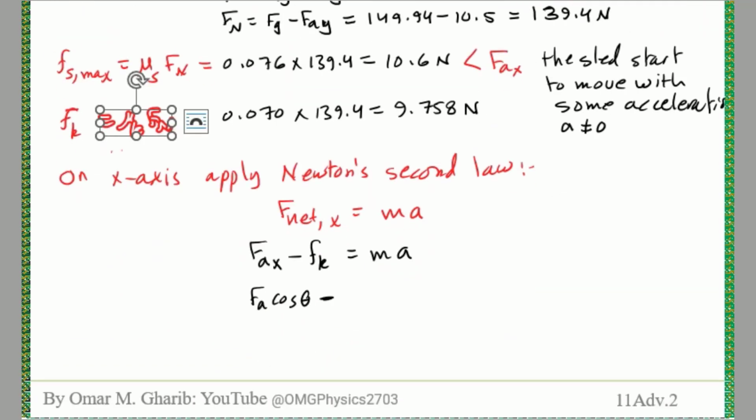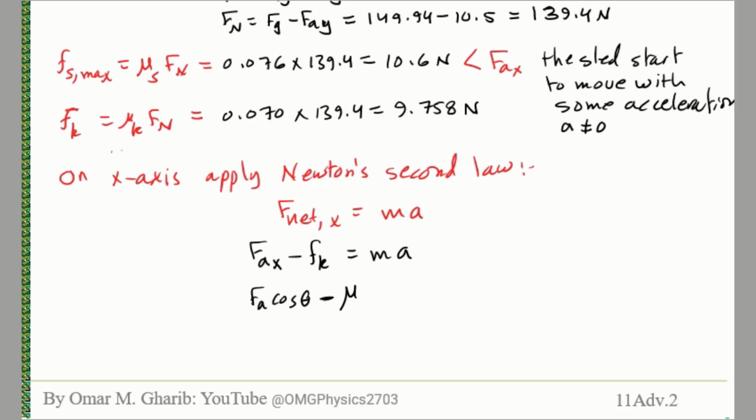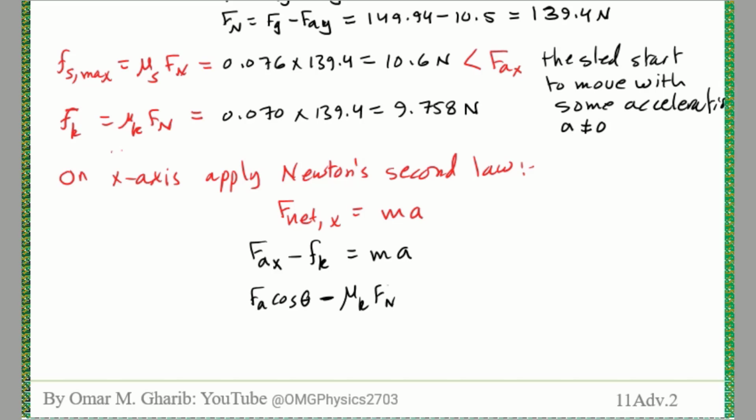So for Fk we will put mu k times Fn. Fa cosine theta minus mu k times Fn, where Fn is Fg minus Fay, equals m times a.